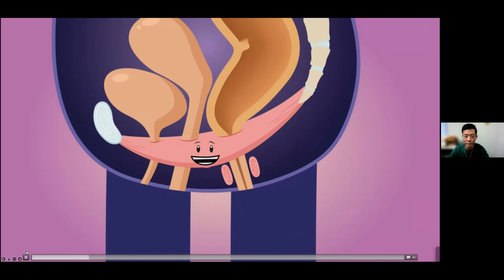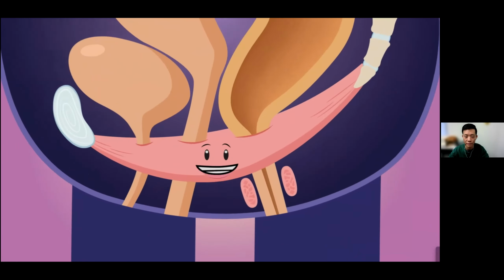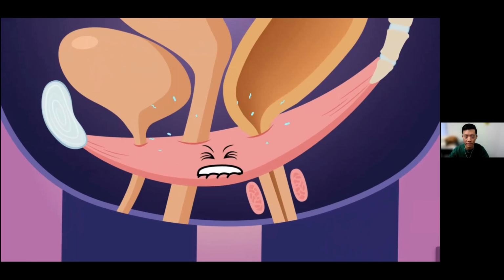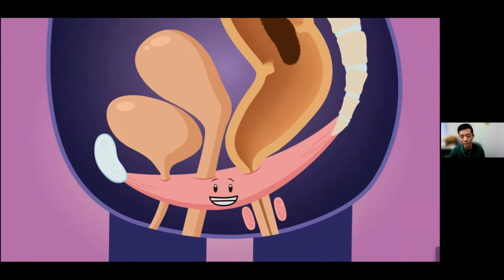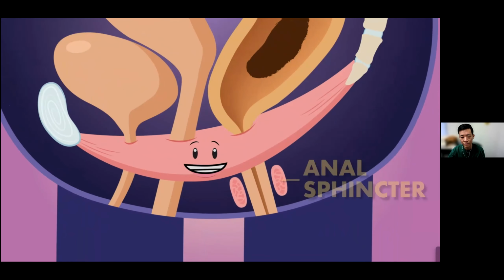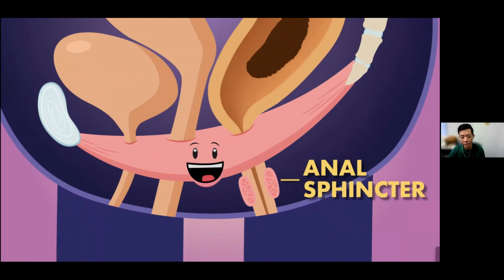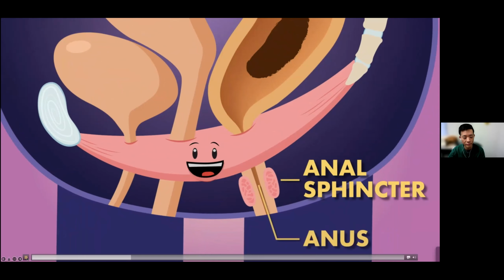You can control me. Go ahead, give me a squeeze like you're holding in your pee. Can you feel your underparts tightening up? That's because I also help you poop. Keeping me healthy helps everything move like it should down there. Let's focus on this part. Normally, when you're at rest, the anal sphincter part of me squeezes the anus area to block poop from escaping all the time. The anus is the hole where the poop leaves the butt.